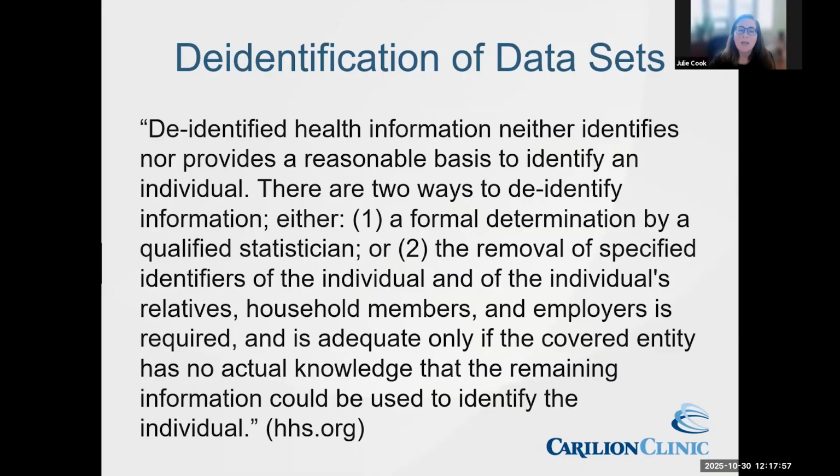So you work with a statistician to review the variables and the data that you're looking at, and the statistician certifies and documents that this data reasonably would not be able to identify an individual. I haven't seen that in my practice in research here at Virginia Tech.